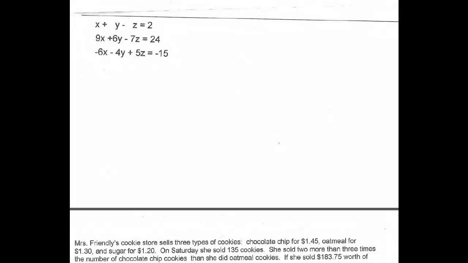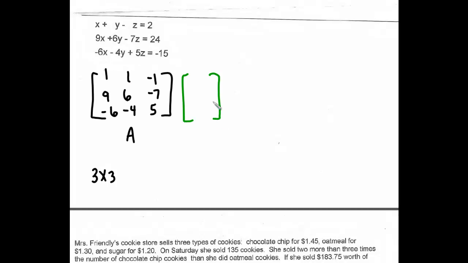Set up this system of equations as a matrix. Again, the dimensions of this matrix are 3x3. The dimensions of matrix A will be a 3x3, 3 row by 3 column. Our variable matrix is x, y, z.